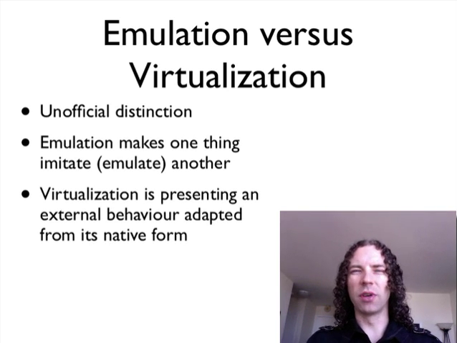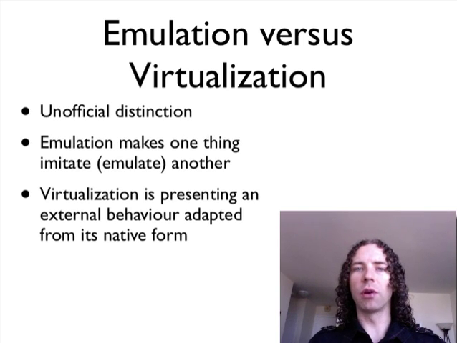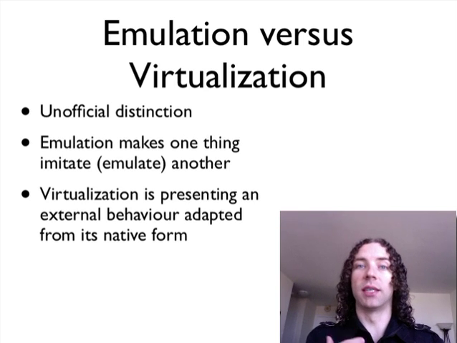Virtualization is where I'm going to draw the distinction that it's presenting an external behavior adapted from its native form. What I mean by that is kind of overly wordy and a little weird, but a simple example would be, say, you want to virtualize a hard drive, and you do that by saying, okay, we'll just take a part of the hard drive and tell the virtualized environment that that's an entire hard drive.